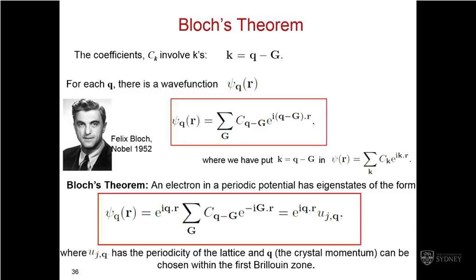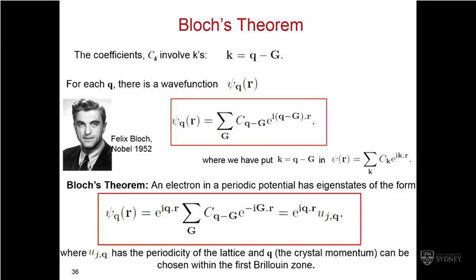Just to say again, what it does is allow you to write the wave function of your electron in a periodic crystal, psi, as a product of a plane wave, e to the i q dot r, multiplied by a function that has the periodicity of the lattice.